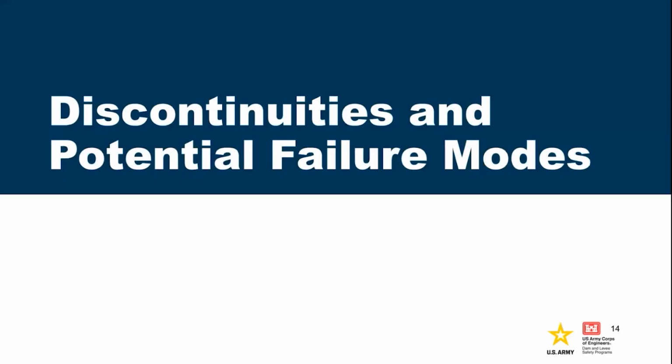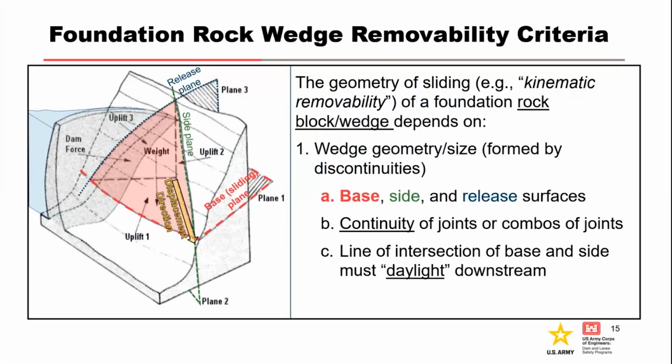So I'm going to talk about potential failure modes that are related to fractures in the rock. Perhaps the most critical area for evaluating the foundation of a concrete dam has to do with sliding along adversely oriented geologic discontinuities within the abutment or the foundation of a dam.